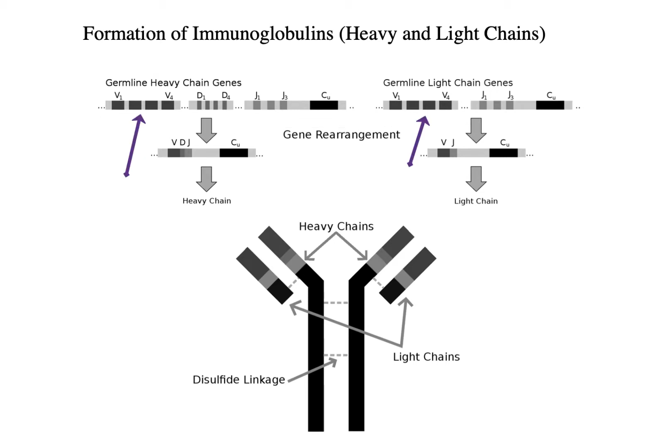So you have variable regions for each, and then D regions for this one, J regions for both, and then C regions for both. And then those fit together in the final combinations of these antibodies. So again, literally billions of different antibodies can be produced by these cells. But as they mature, they produce only one type for a specific antigen.